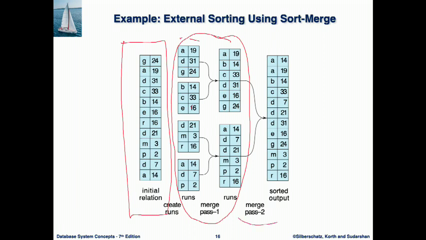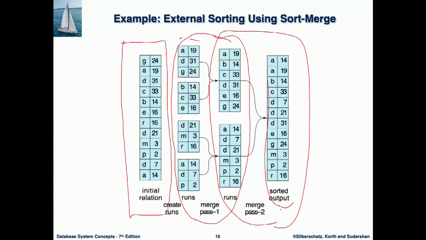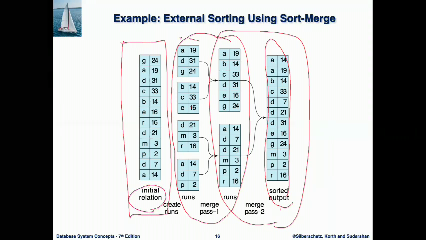And in the next phase, you repeat the same process and you are going to have more and more merged runs until there is only 1 single run created like this, okay? So at a very high level, initial run creation, and then you keep merging multiple runs into a larger run, and you repeat this process, okay?